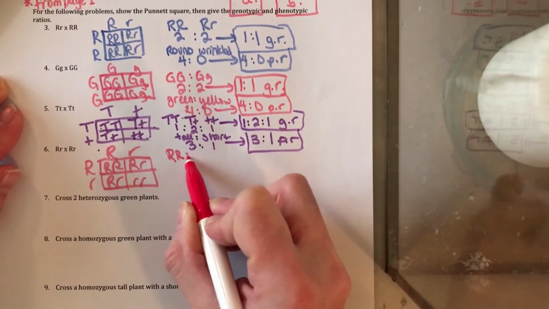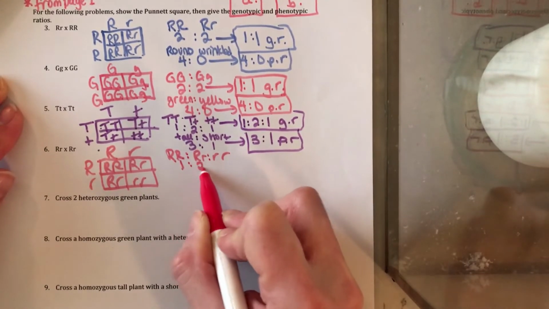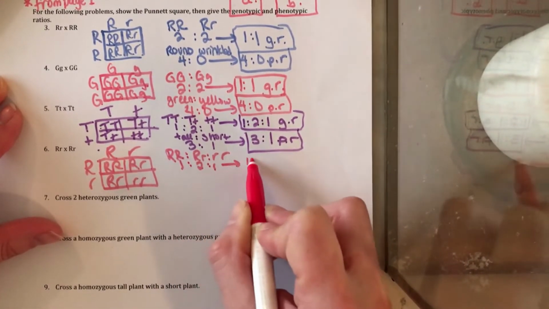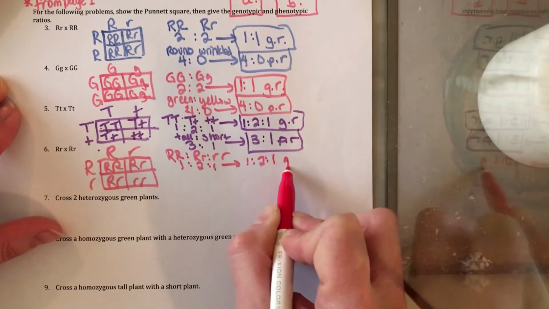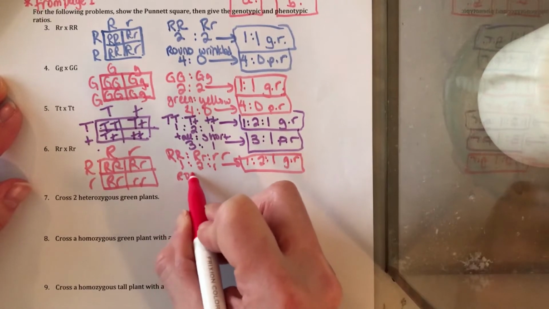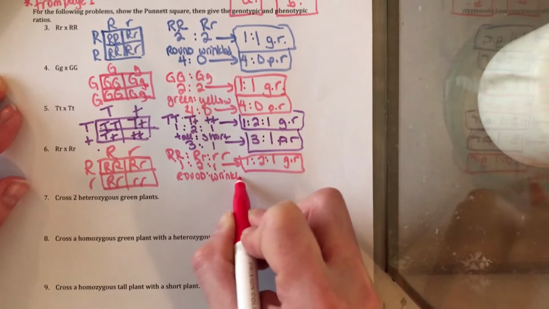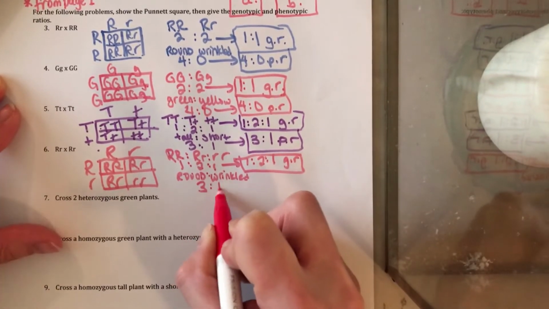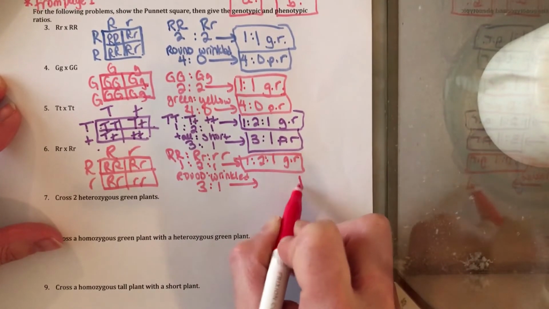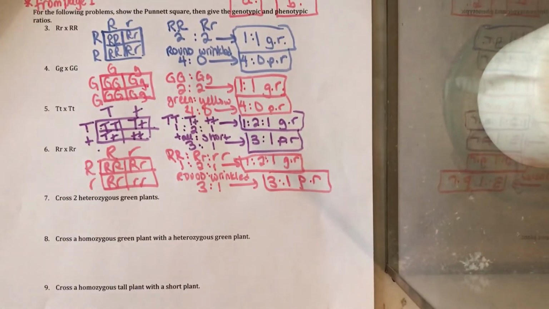So the homozygous dominant to the heterozygote to the homozygous recessive in a 1 to 2 to 1 genotypic ratio. And in this case, it's a different phenotype, which is round to wrinkled. And that's a 3 to 1 phenotypic ratio.